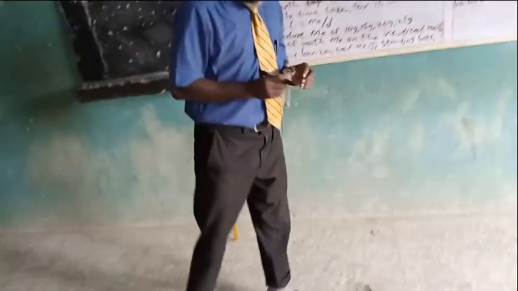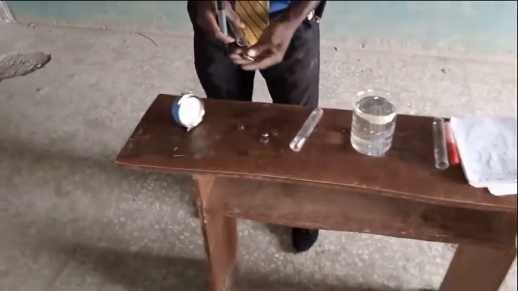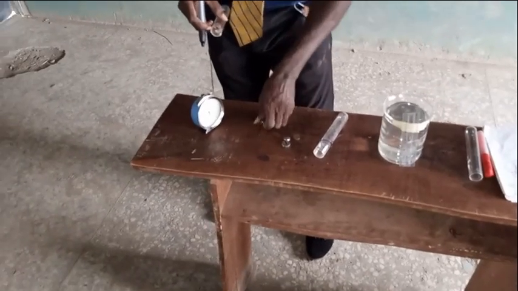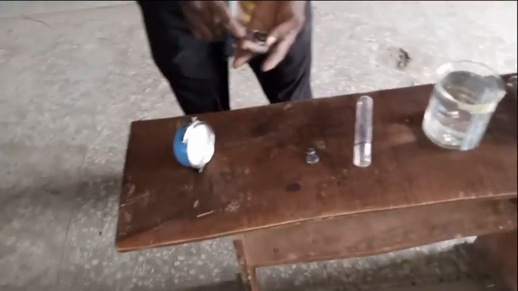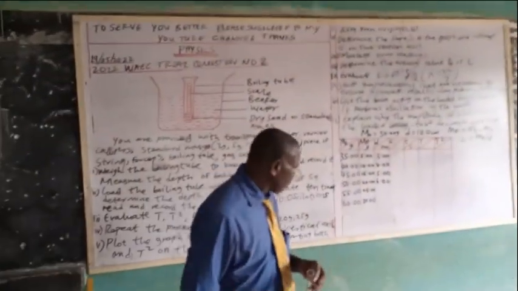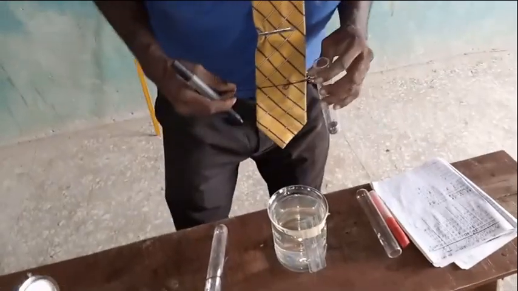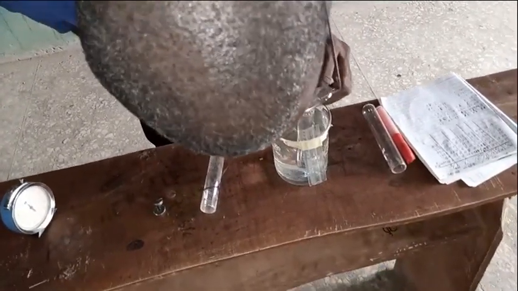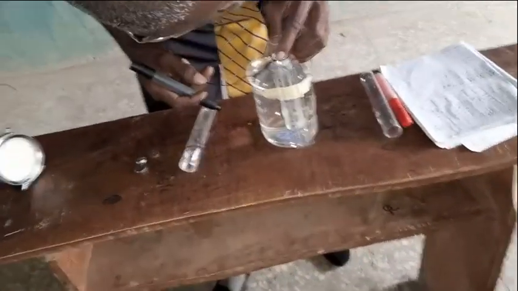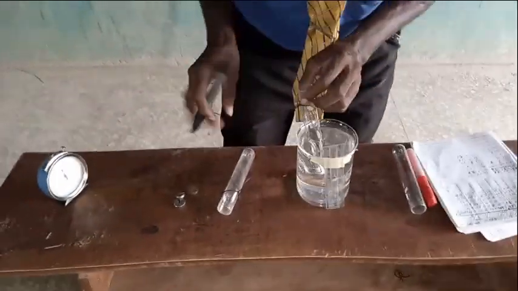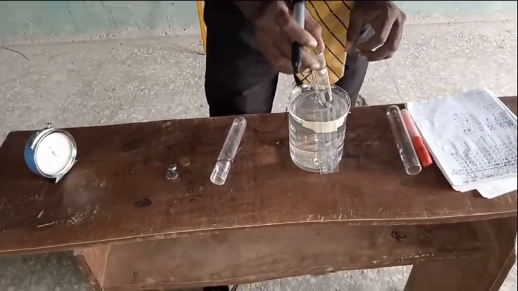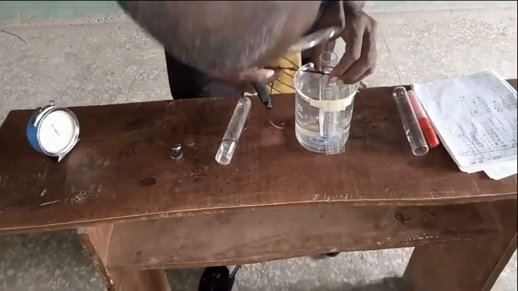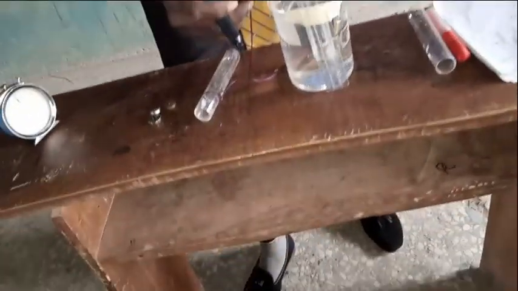The next one is 25 gram. 10 plus 10 plus 5, making 25. The depth is 5. That is 7.